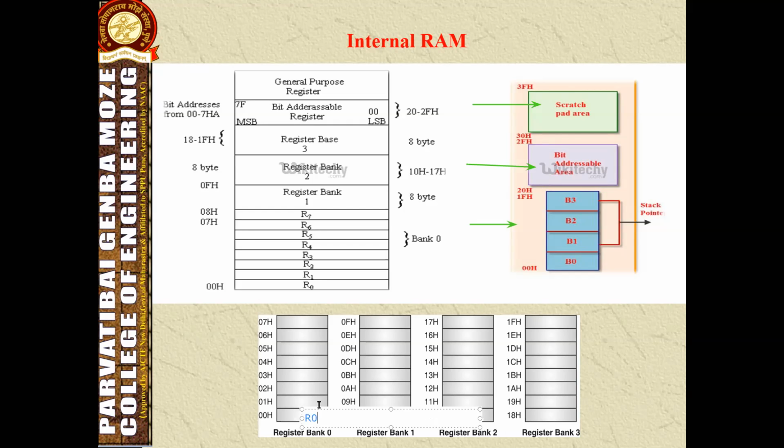Each bank has registers named like this: R0, R1, R2, R3, R4, R5, R6, R7.